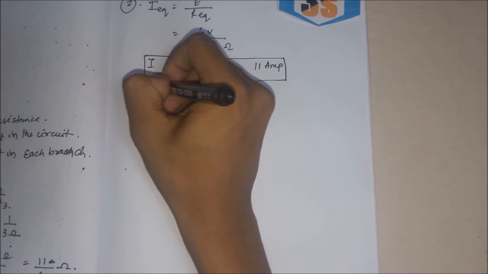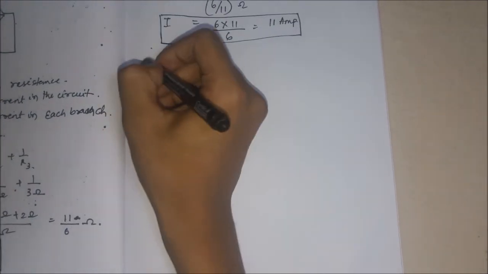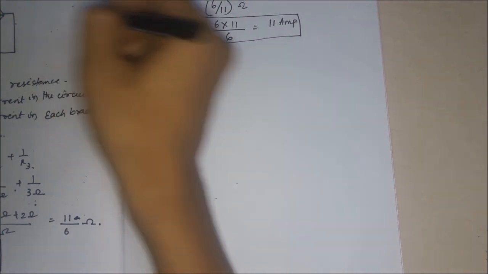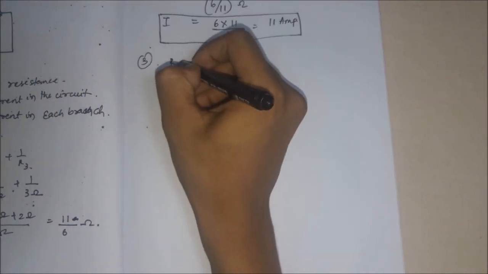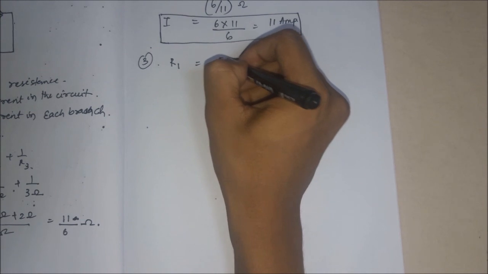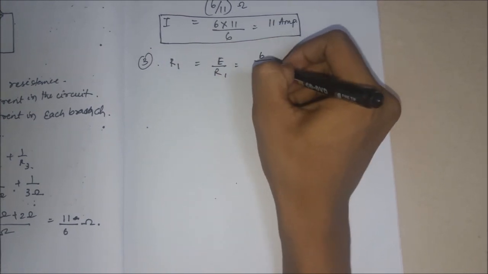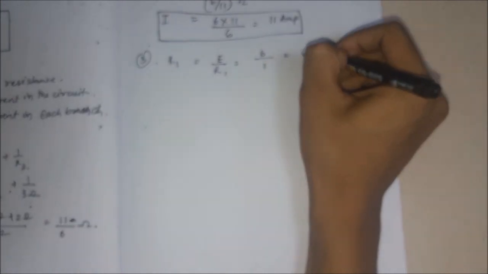which is the current in the entire circuit. Now moving on to the third question, we have the current in all the branches. In the resistor R1, the current is E by R1, that is 6 volts by 1 ohm, that is 6 ampere.